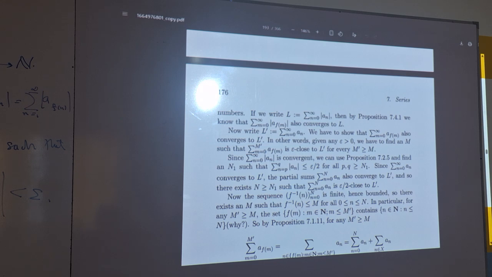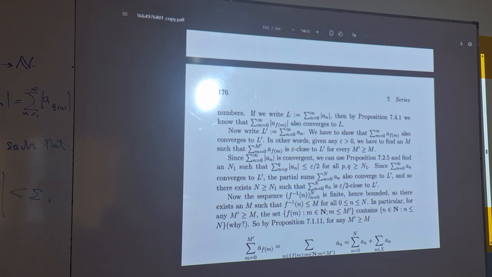What is your proof? I take any n belongs to N such that n less than or equal to capital N. If we take simple m as f inverse n, we can say that f of m is n.